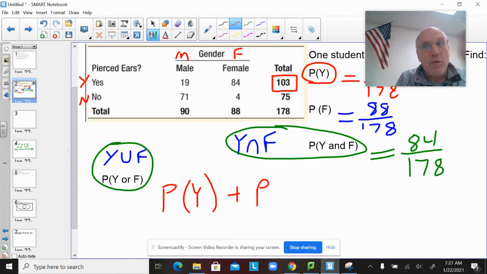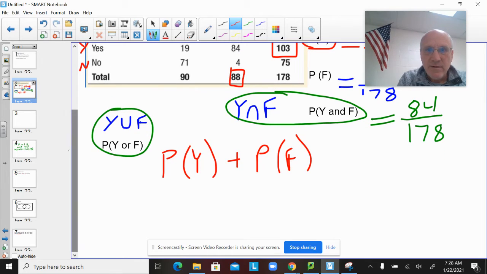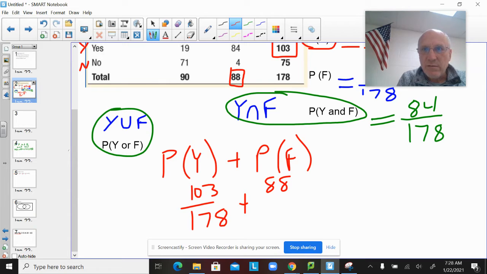This is not the right formula yet, so bear with me. The female total is 88. So if I were to write 103 over 178 plus 88 over 178.